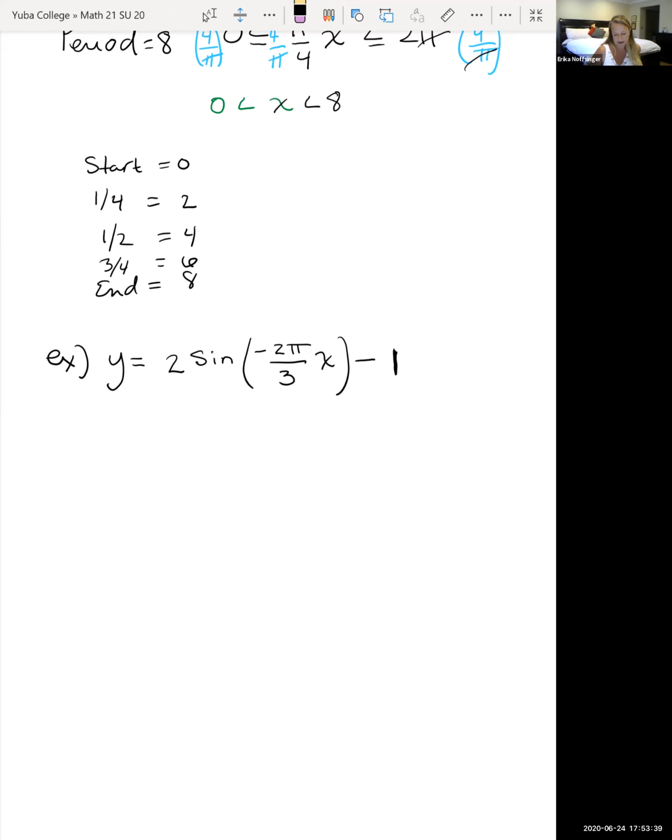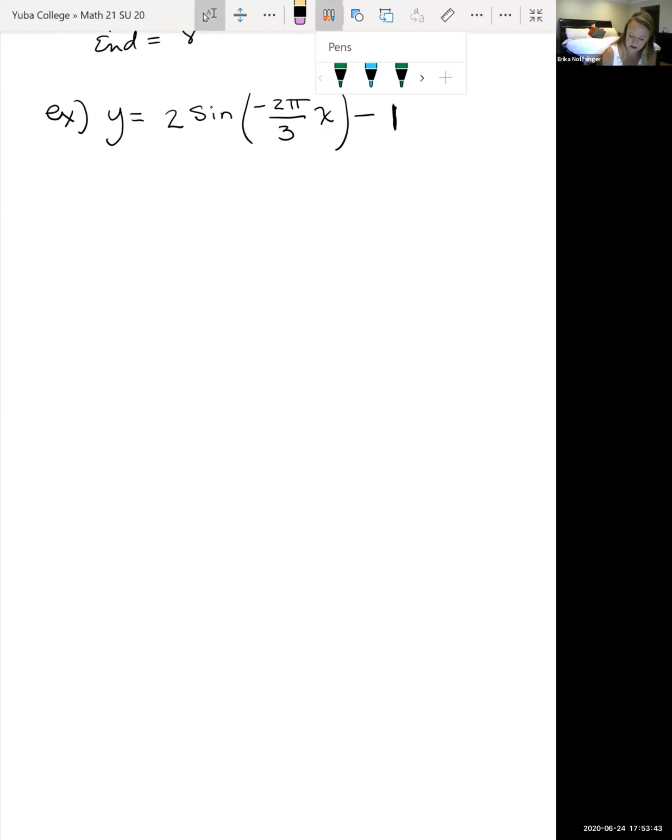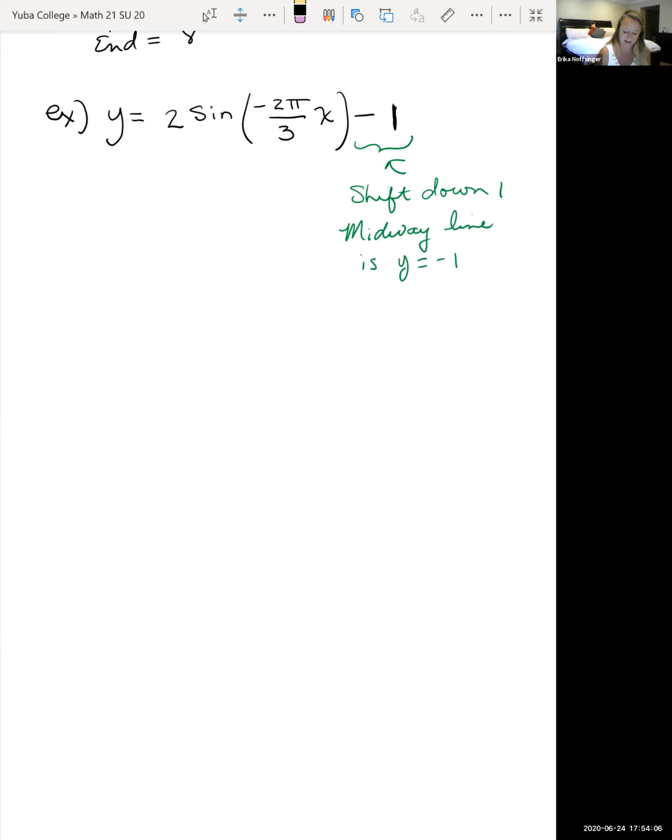Okay. Because of the -1, we're subtracting a constant. This tells us that we're shifting down one. And so our midway line, we're going to treat as y equals -1, that horizontal line.